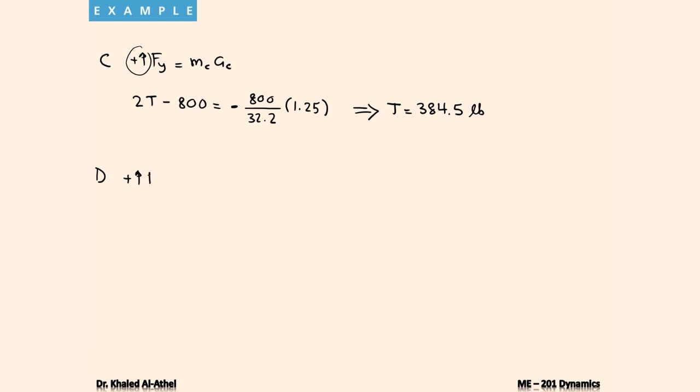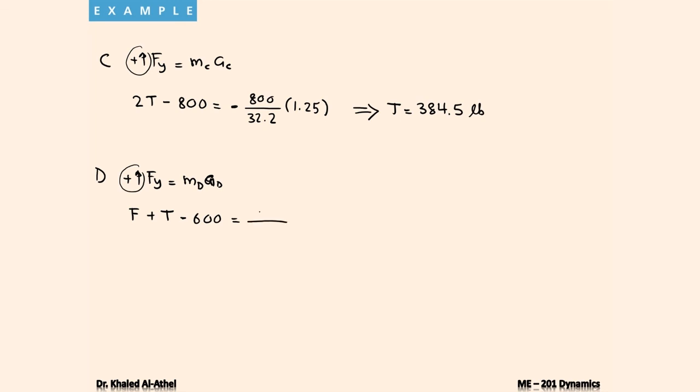Okay. Same thing I can do for block D. Upward is positive. Summation of forces in Y should equal MD AD. So what do I have here? I have F plus T minus the weight, which is 600. Now AD is moving upward, so it should be positive based on this sign notation that I decided to use.